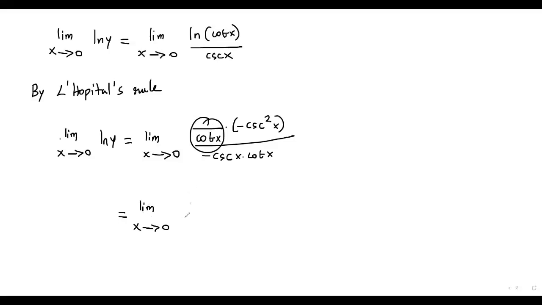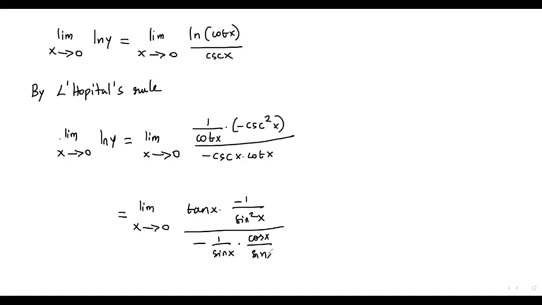This 1 over cotangent can be written as tangent x, and this negative cosecant square x can be written as negative 1 over sine square x, over negative, this cosecant x can be written as 1 over sine x, and this cotangent x can be written as cosine x over sine x. Okay, so the next step, limit x tends to 0.